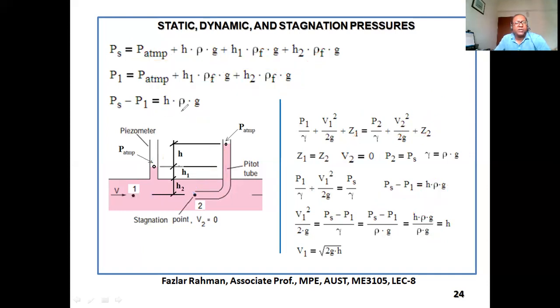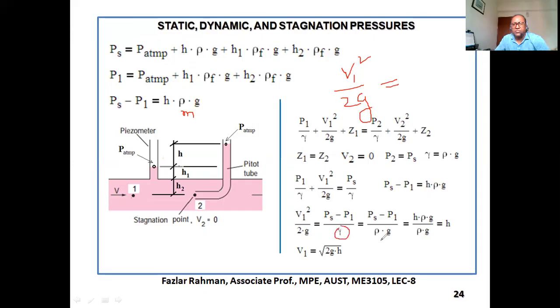Then this one will be H rho M. And in the formula, you are getting V1 square by 2G equal to PS minus P1 divided by gamma, right?